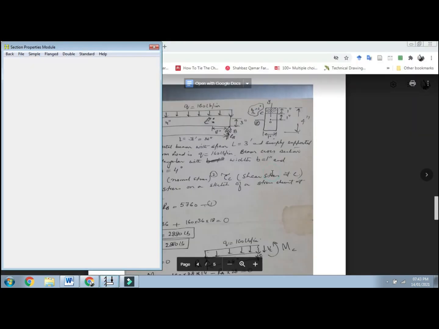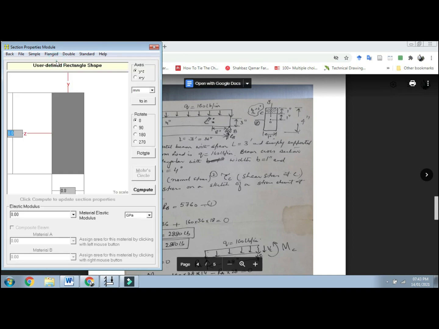So let's go to the section. When we go to the section properties, we have got simple, flange, double, standard, help. We will be following the simple rectangle shape here, and we have two options. Here they have placed it as YZ, and our dimensions are in inches.